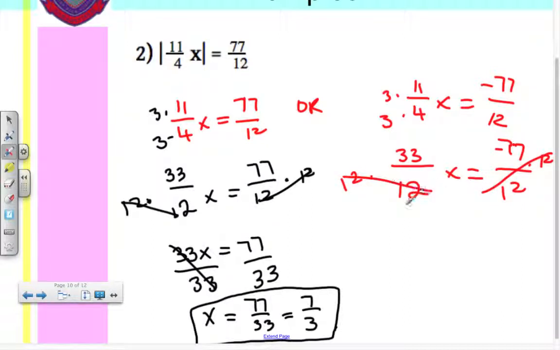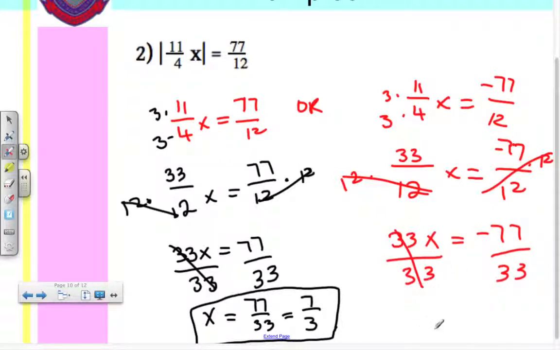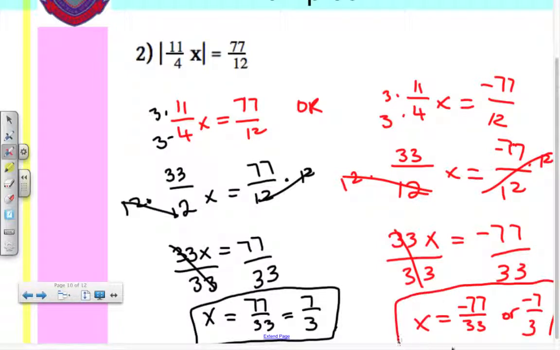This cancels. This cancels. 33x is equal to negative 77. Again, simple one-step equation. Divide by my coefficient. This cancels. X is equal to negative 77 over 33, or the simplified version, negative 7 over 3. Whichever the problem asks you for.